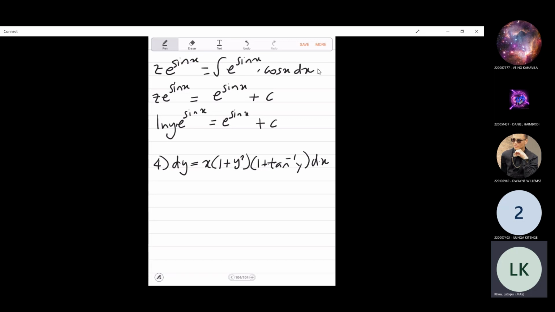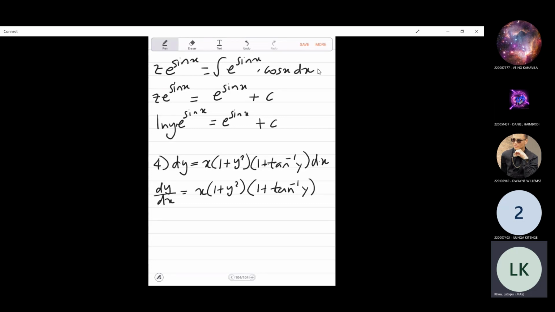Okay, so we try and rewrite it in standard form. So we have dy dx, this is equal to x times 1 plus y squared, and then multiplied by 1 plus tan inverse of y.